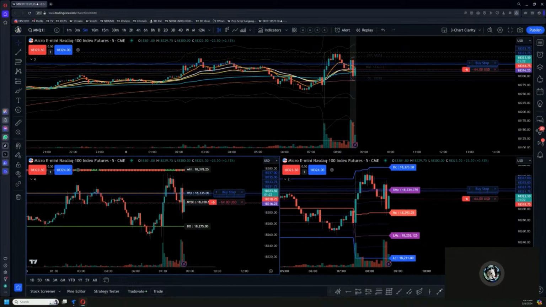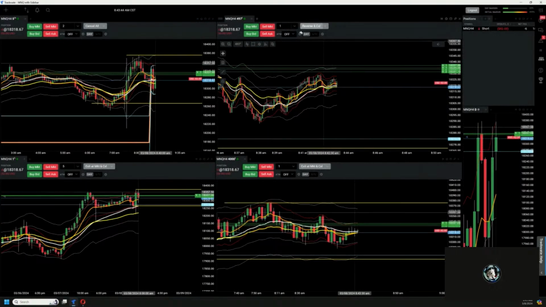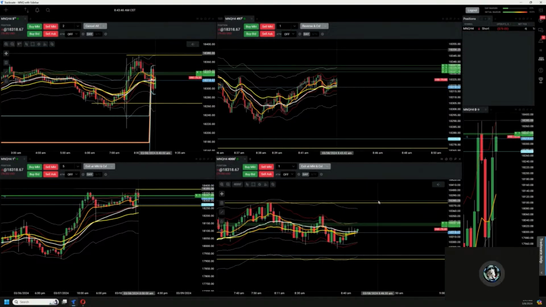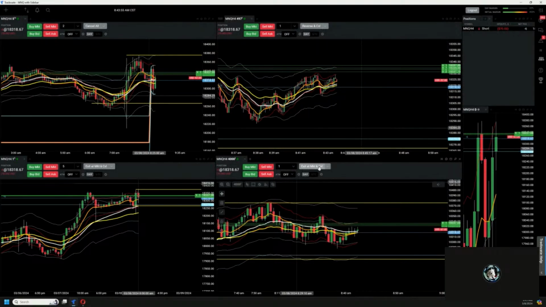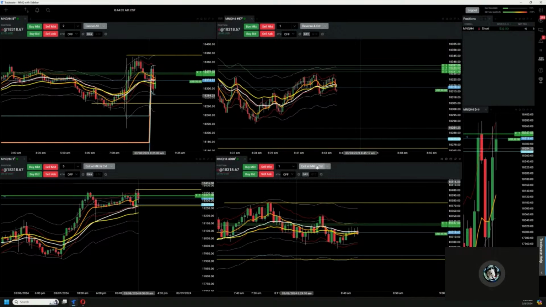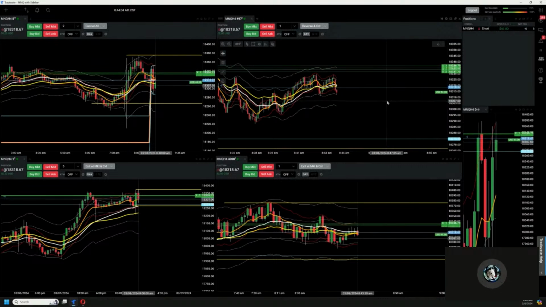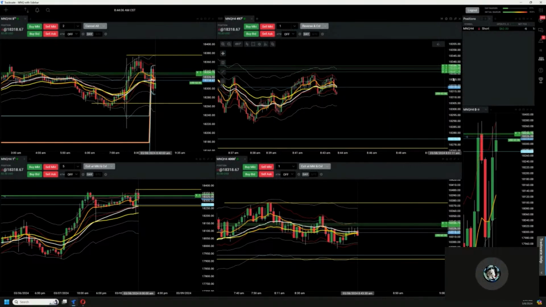Otherwise, I'd get out. I'm sitting on my hands. Yeah, I'm gonna wait. I'm out. I'm going to be out here in a second because now there's a momentum shift on chart. Well, let's see. All right. Well, chart 2 went to positive.